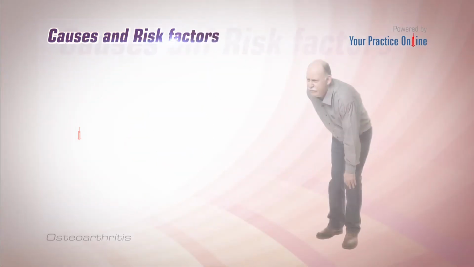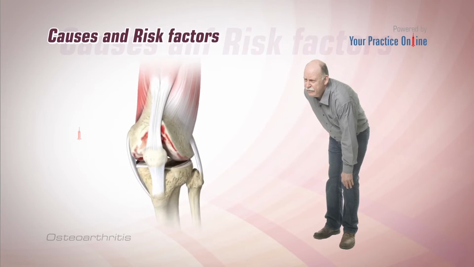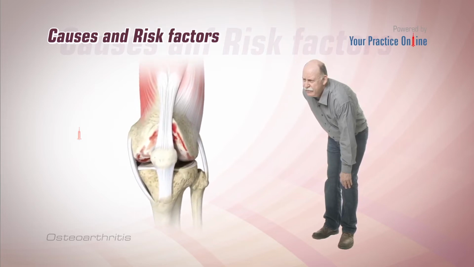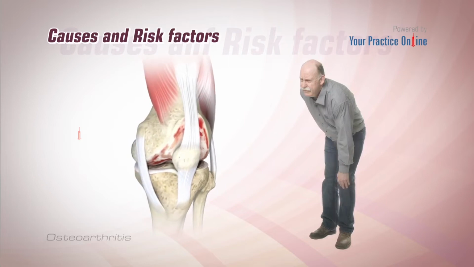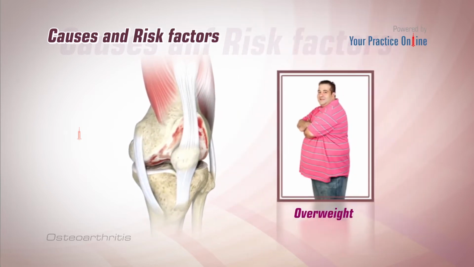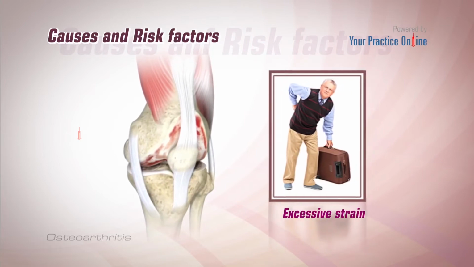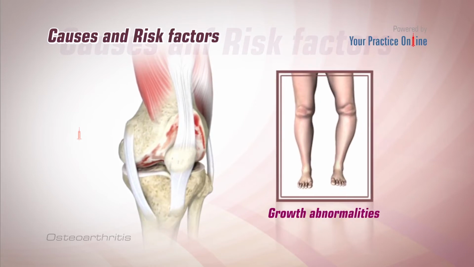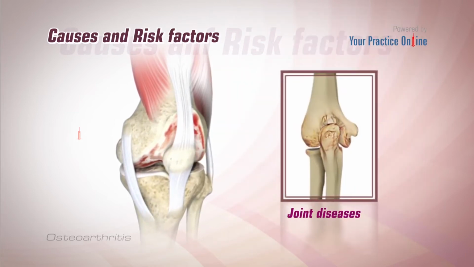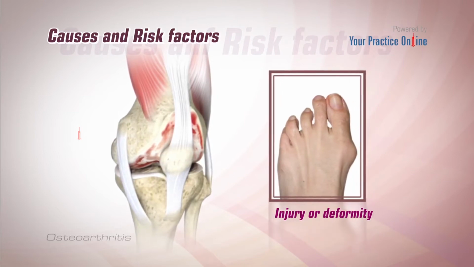Causes and risk factors. Osteoarthritis is caused by the wearing out of the cartilage covering the bone ends in a joint. This may be due to being overweight, excessive strain over prolonged periods of time, previous fracture, growth abnormalities, joint diseases, injury, or deformity.